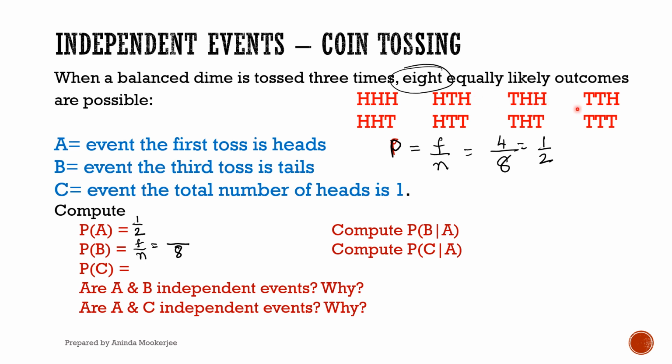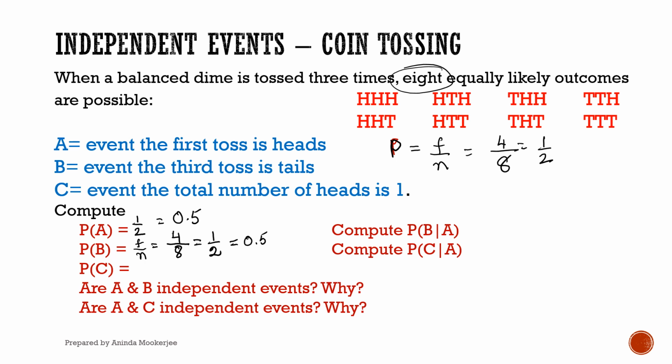This one doesn't either. Now, this one, HHT, has tails in the last toss, third toss. So does this one, so does this one. So there are 4 ways in which we can have tails in the third toss. So it's going to be 4 divided by 8, which is also 1/2. Again, you always have to convert this to decimal, so it's going to be 0.5 for probability of A, 0.5 for probability of B as well.